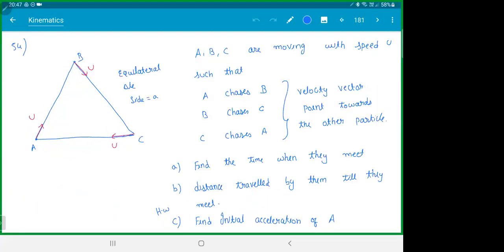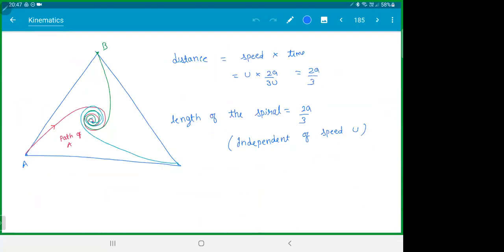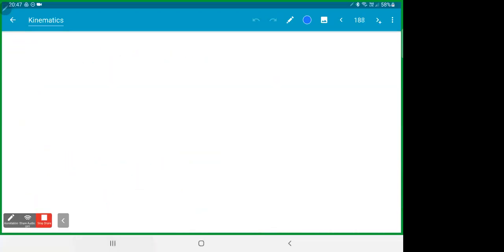Let's start off with the problem. Let's say we have a cat here. The cat is moving horizontally with a constant speed u.